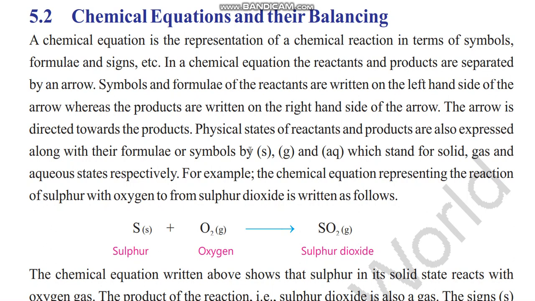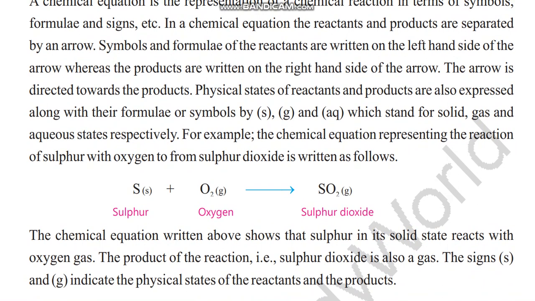Physical state of reactants and products are also expressed along with their formula or symbols by S, G and AQ, which stand for solid, gas and aqueous state respectively. For example, the chemical equation representing the reaction of sulfur with oxygen to form sulfur dioxide is written as follows.